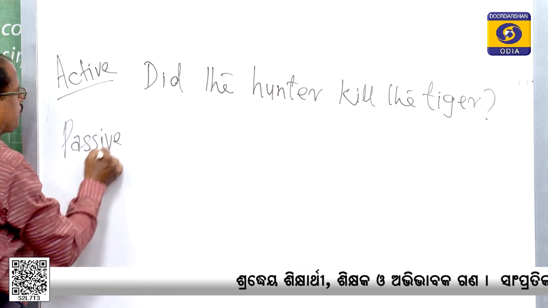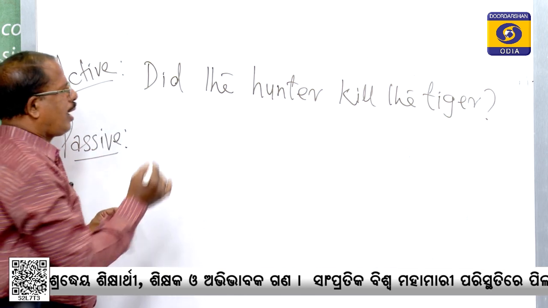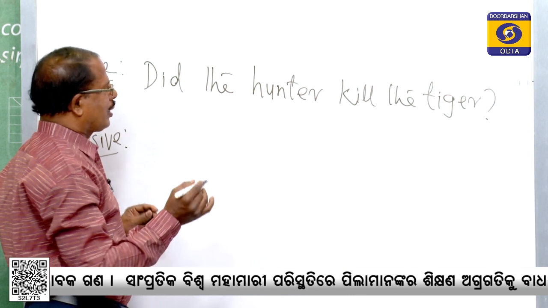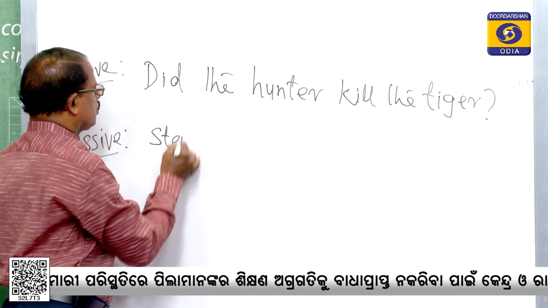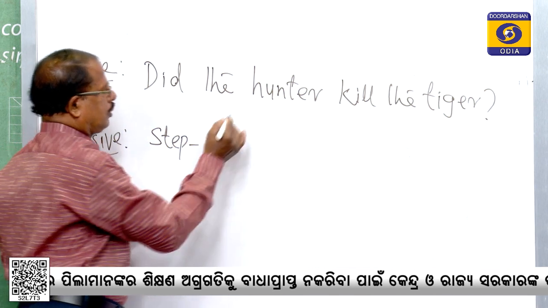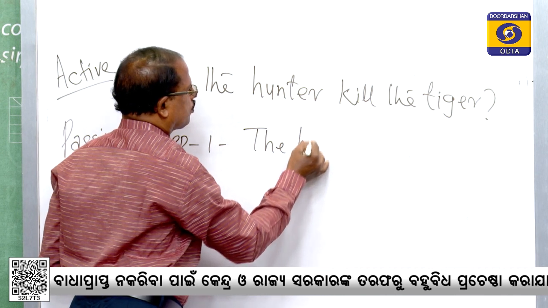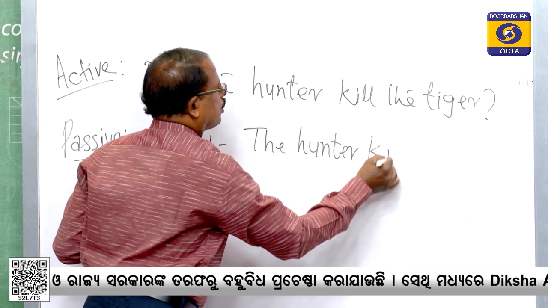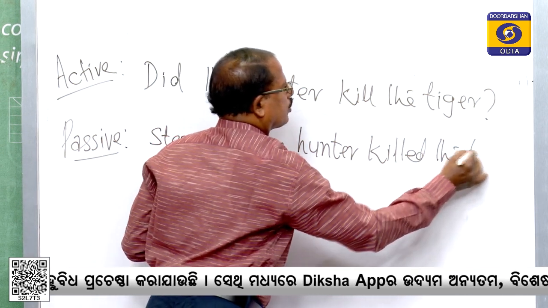So, what are the steps we can follow, so that it will be easier for us. Now you change the sentence into a declarative sentence. The first step, step 1, the hunter killed the tiger. You just see, the hunter killed the tiger.